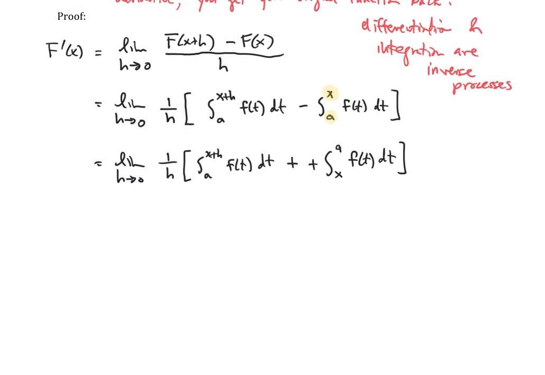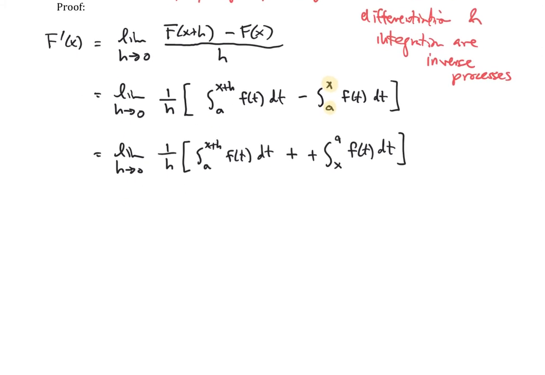The next thing we want to notice is that the lower limit of integration for the first integral is the same as the upper limit of integration for the second integral.